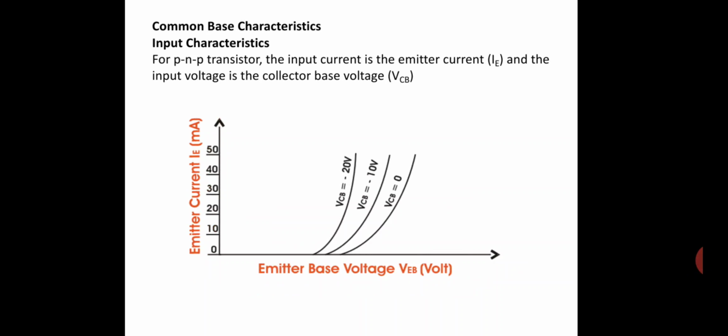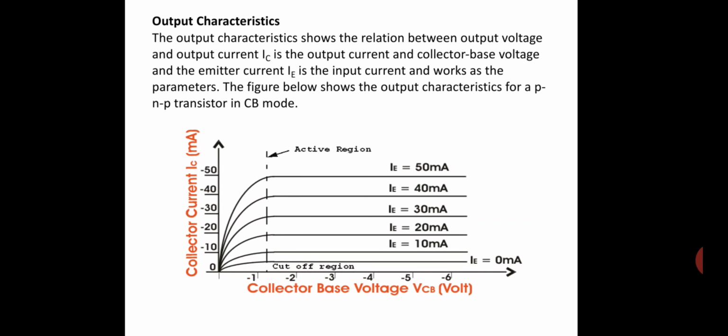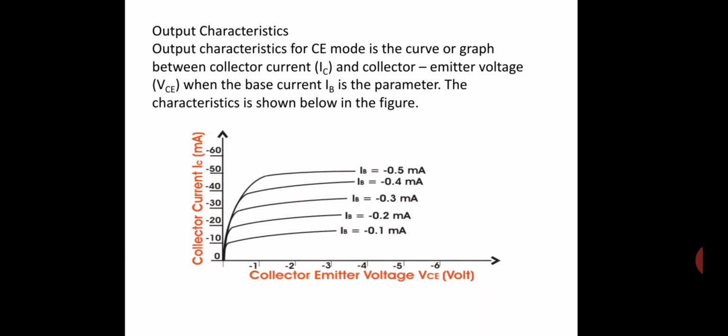The common base input and common emitter input characteristics are similar, but the input current is different, IE in common base and IB in common emitter. And the output characteristics in common base: at first output current increases and after that it saturates. In this region it also increases at first, but after some time it saturates, because output current saturates. So this is the output characteristics.